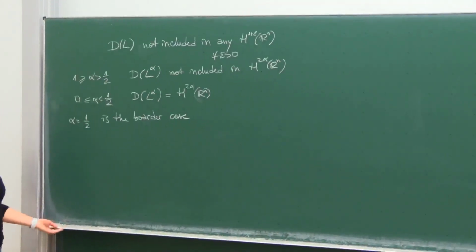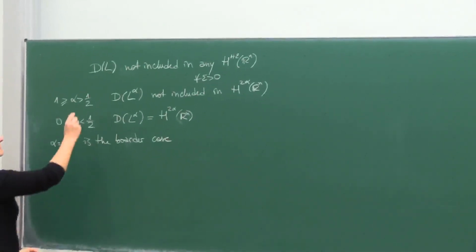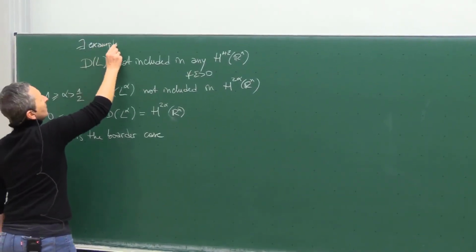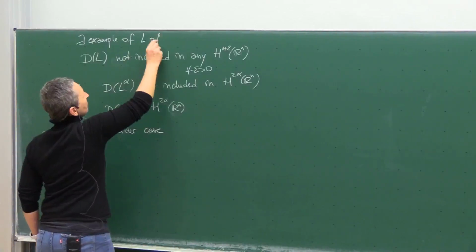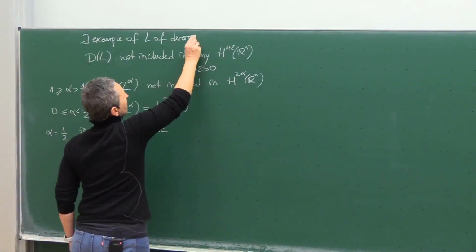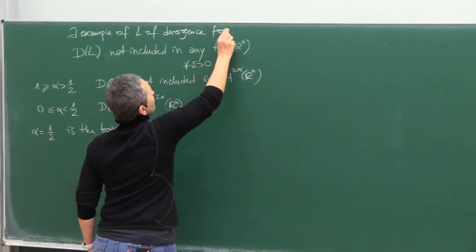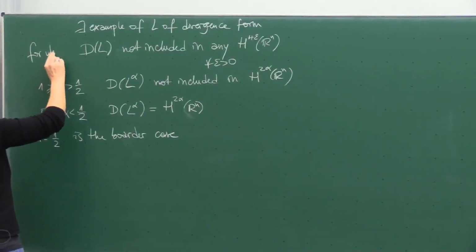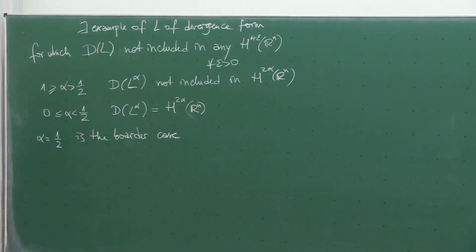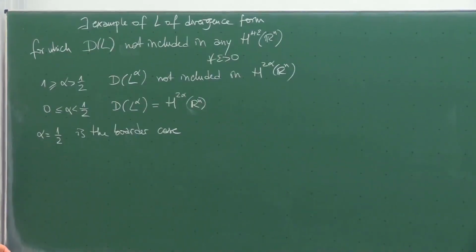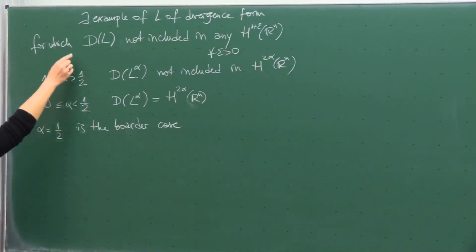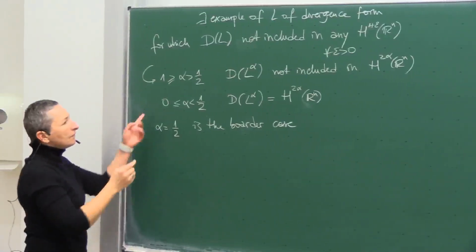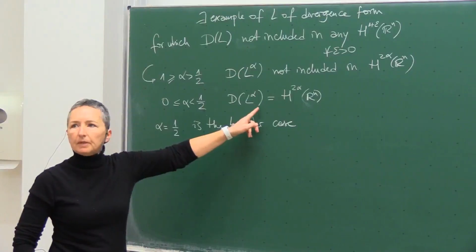And so there exists an example of L of divergence form for which we have that, but we know that for any divergence form operator we have that.